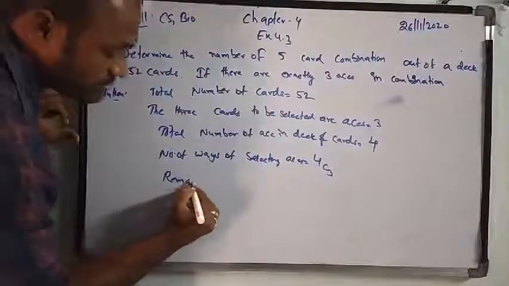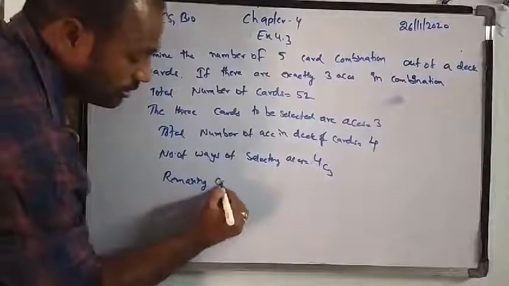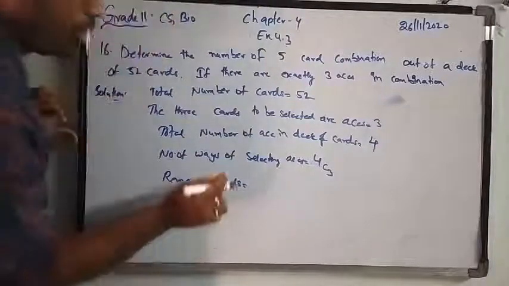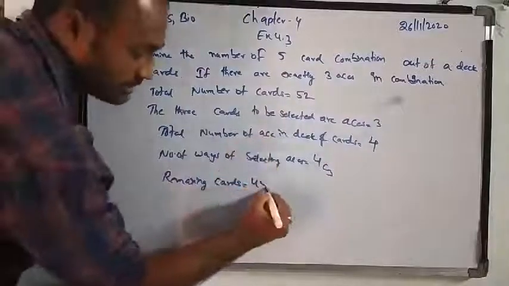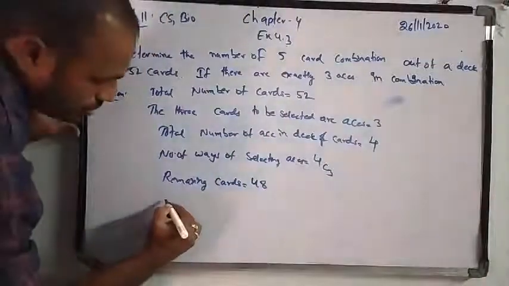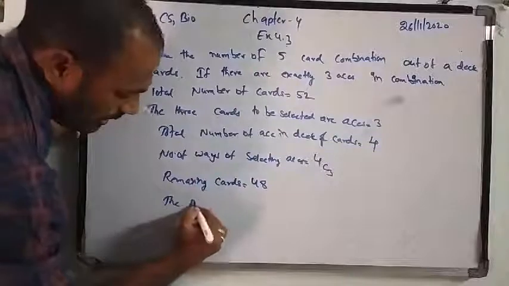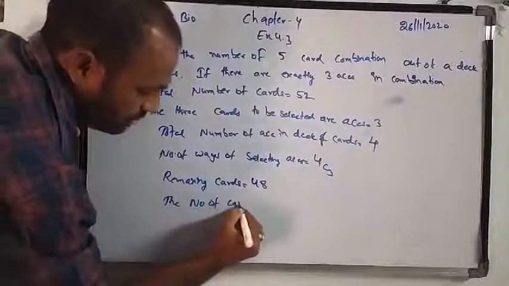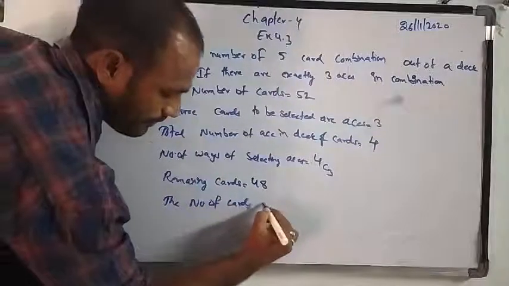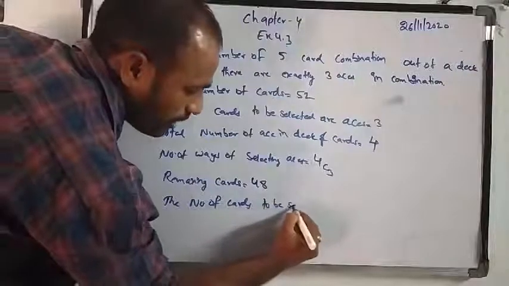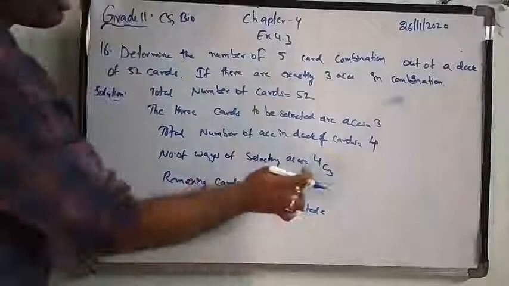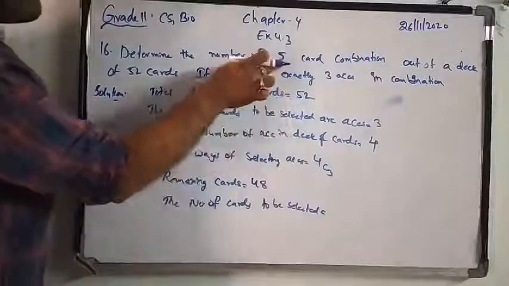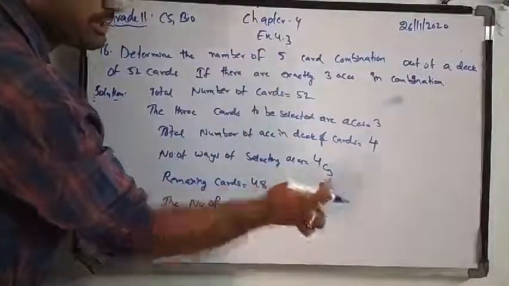The remaining cards. So out of total 52 cards, 4 aces are already gone. So the remaining cards are 48. So the number of cards we need to select again: actually we need to select 5 cards, and in that we have selected 3 cards.